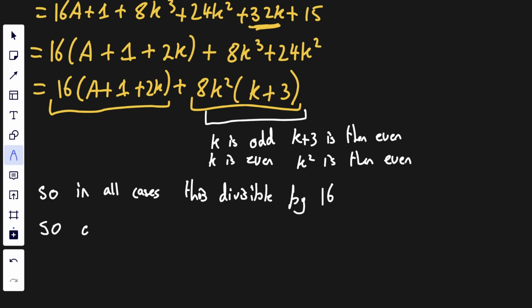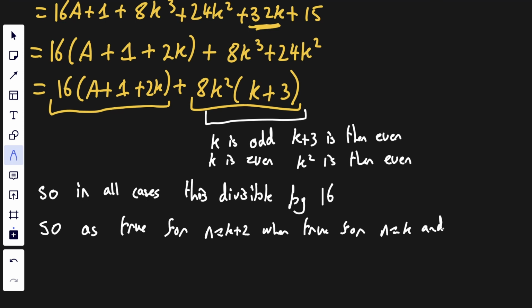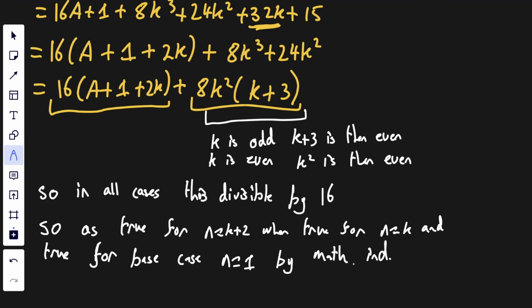So, as true for n equals k plus 2, when true for n equals k, and true for base case n equals 1, by mathematical induction, it must be true for all odd numbers. And that's it. That's our proof.